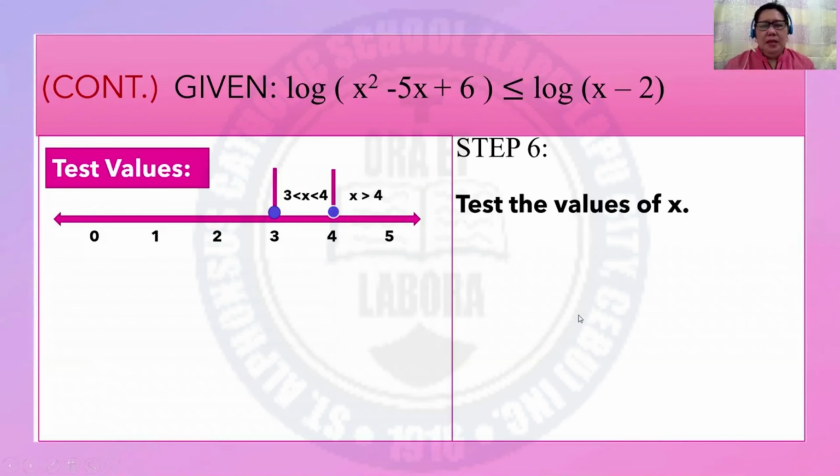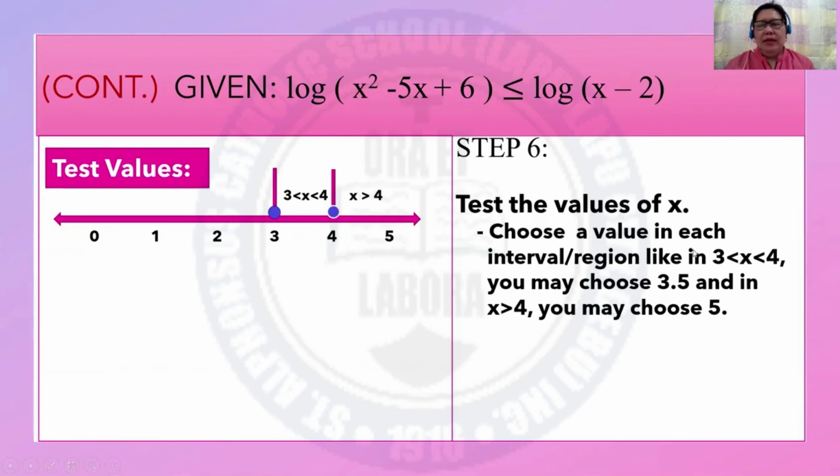For step 6, we have to test the values of x. Choose a value in each interval or region, like in x between 3 and 4, you may choose 3.5. And in x greater than 4, you may choose 5.